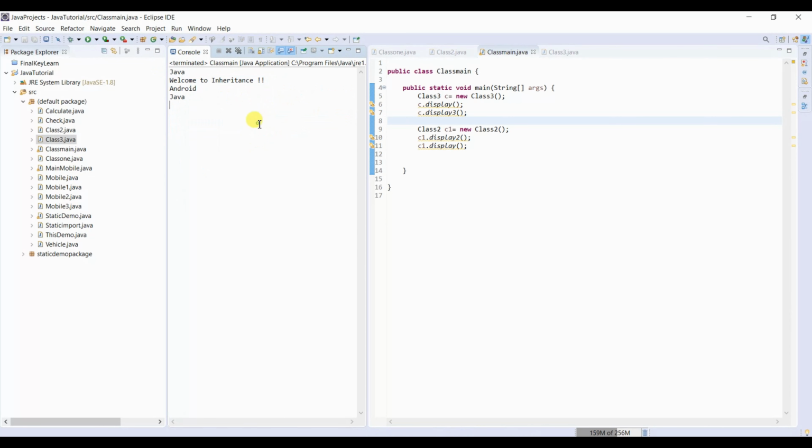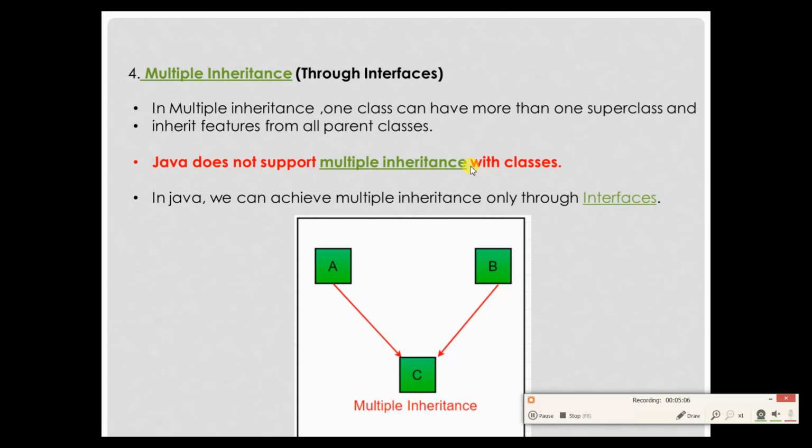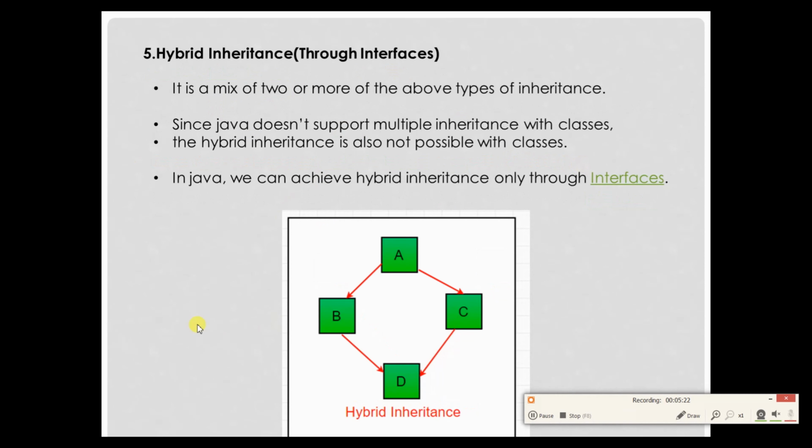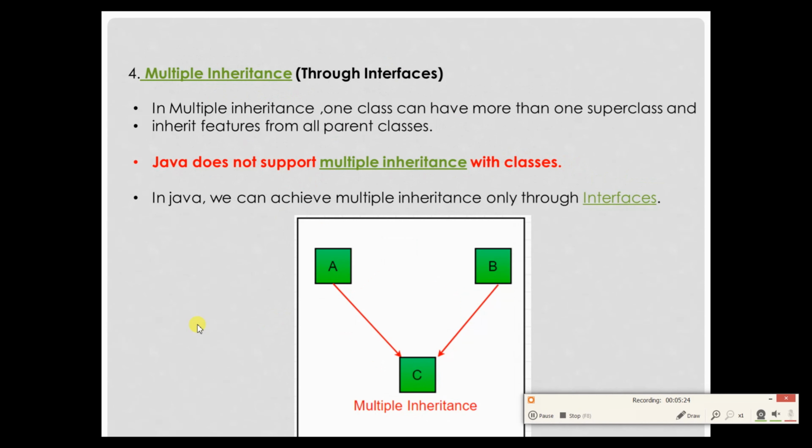Multiple inheritance. Well, this is very important in Java because Java doesn't support multiple inheritance with classes. It is only possible through interfaces. In multiple inheritance, one class can have more than one superclass and inherit features from all parent classes.